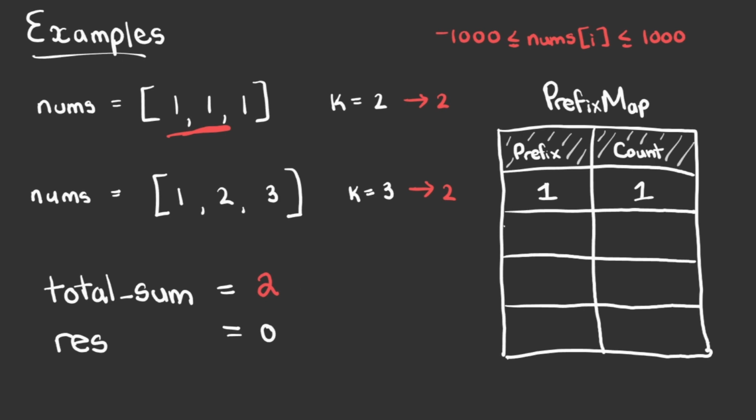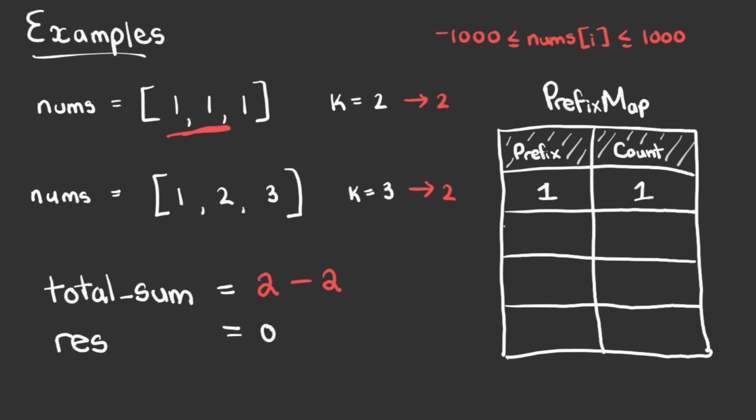We check if the total sum minus the k value, so in this case 2, is in the prefix map. Well, it seems like it's not, but actually it is. We also have to keep in mind the edge case when k is equal to 0.